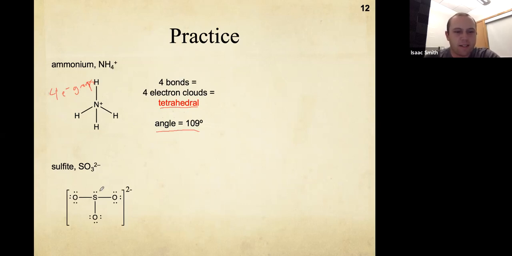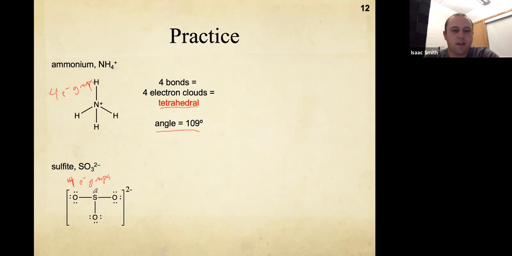For sulfite, if we drew this out, we would get 1 lone pair and 3 single bonds around sulfur, which means we have 4 electron groups again. So we would imagine that our electron group geometry would be tetrahedral.